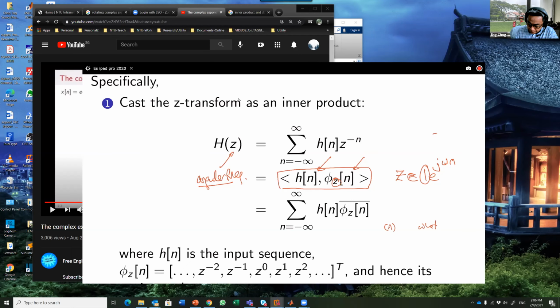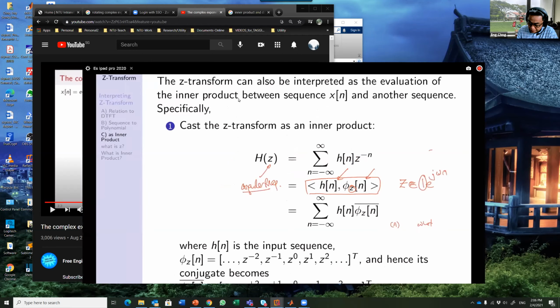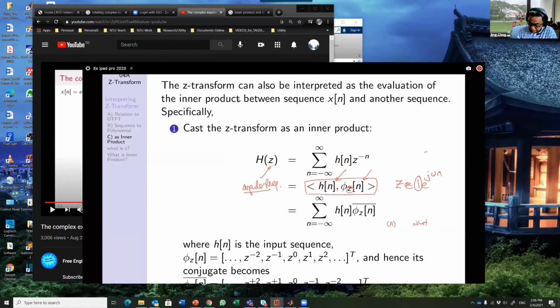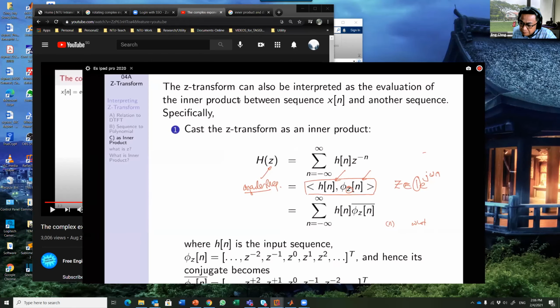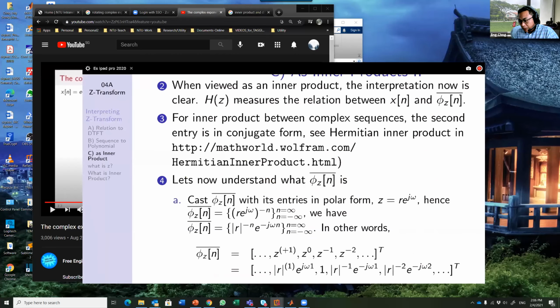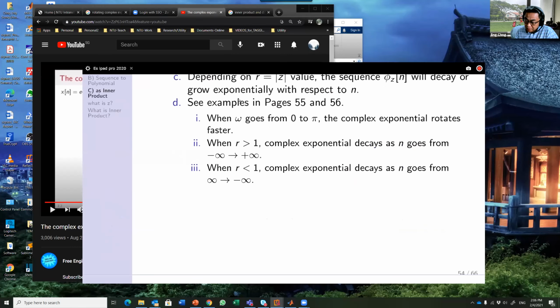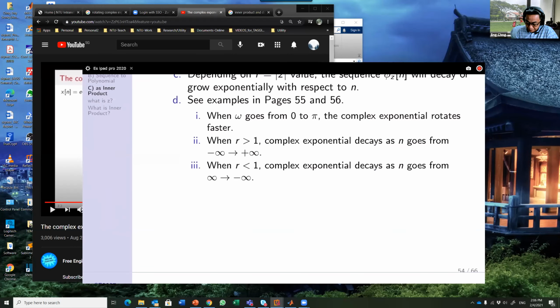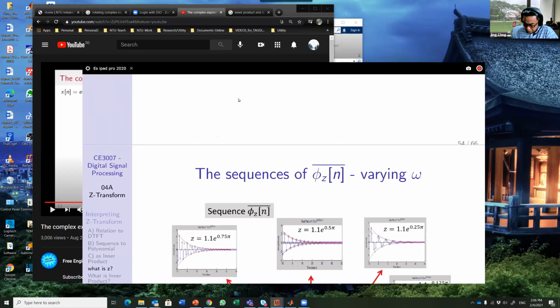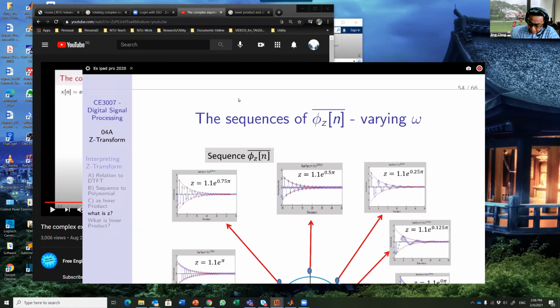Alright, so you can go and read this, and it is not simple, but it will provide you with a deep understanding of what H(z) is interpreted from the inner product. Now, maybe I should continue this.